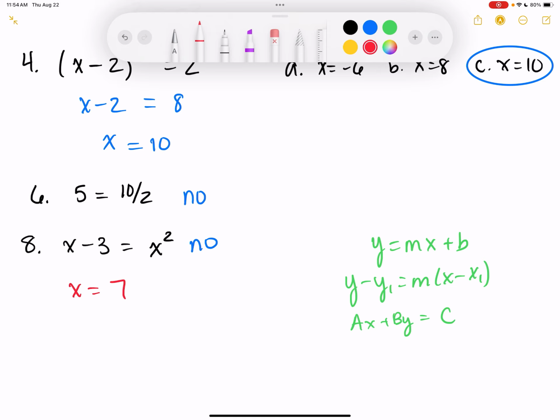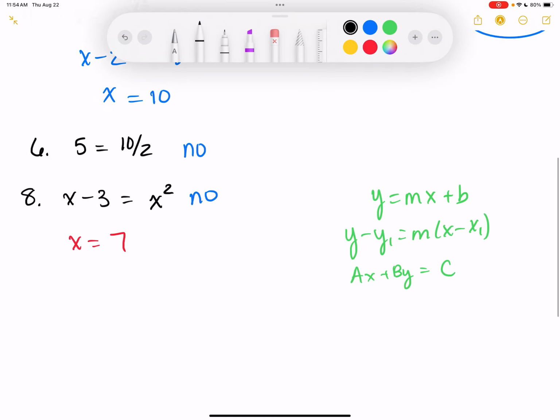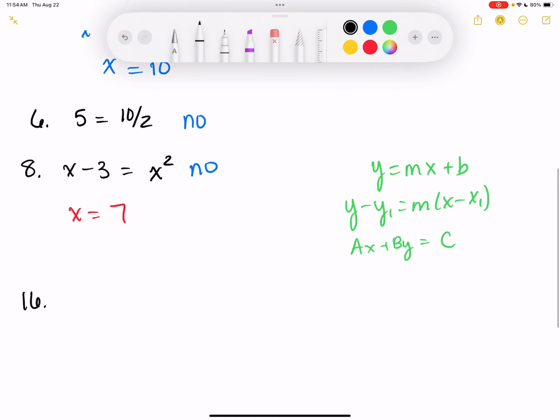Solve the equation without using a calculator. 4 minus 2x equals 3x minus 6. How do I solve this?